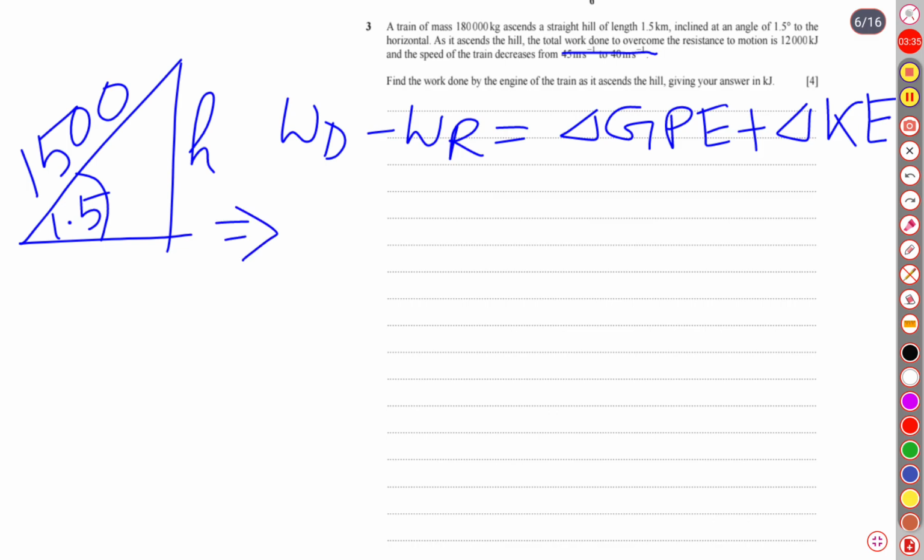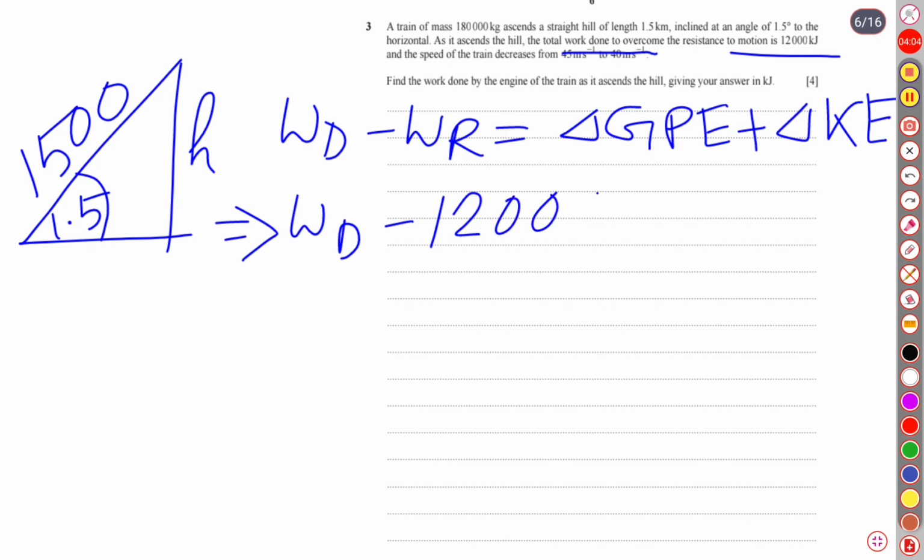Work done by driving force is to be obtained, so it will remain unchanged, and work done against the resistance force has already been mentioned, which is 120,000 kilojoule. Kilojoule should not be the unit of our work. The standard unit of work is joule, so let it be converted into joule.